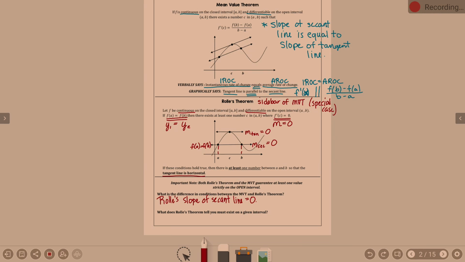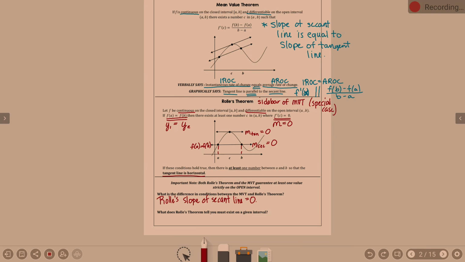Two points have the same y, like a and b, which causes the slope of the secant line to be 0, right? Which causes the slope of the tangent line to be 0. A slope of a tangent line being 0, what happens at that location? There's a max or a min.